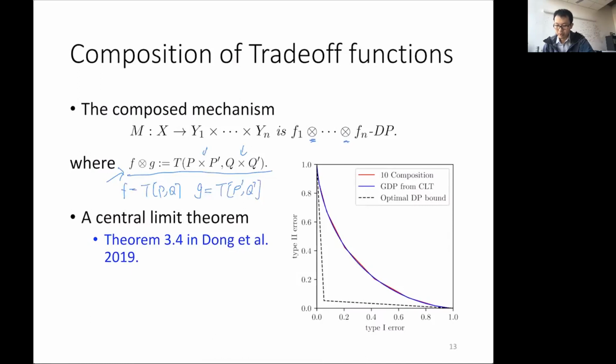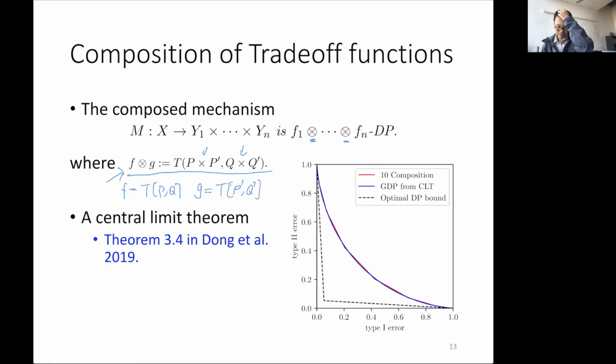What I want to highlight is that this central limit theorem, while it is very interesting in its own right and talks about something fundamental about the trade-off function, has a limitation. If we want to apply it to obtain epsilon-delta DP, you will see that you cannot actually make delta very small.